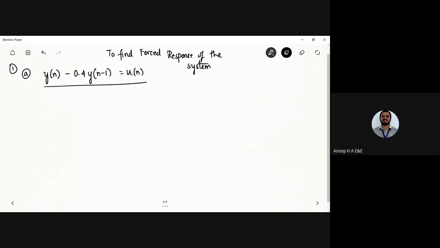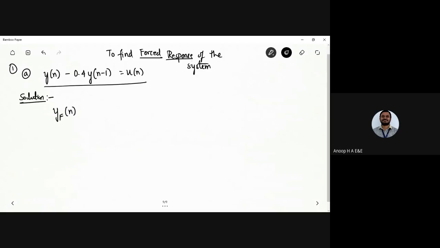So this is to find the forced response of the system. To go for the solution to a given problem like this, I can write down the solution quite easily depending on what is asked, that is to find out the forced response of the system.